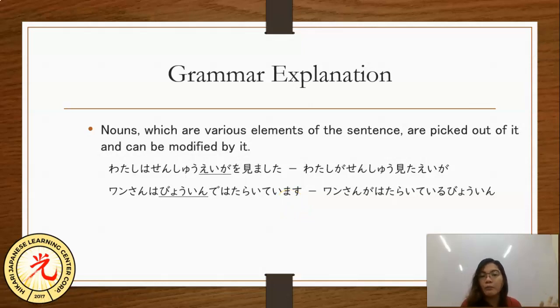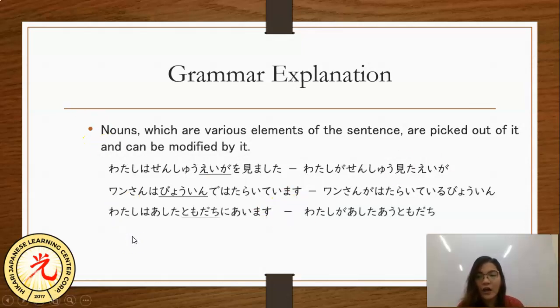While if we will modify it as a noun, nagiging Juan-san ga hataraite iru byouin. Okay, so ang hospital kung saan nagtatrabaho si Juan. Okay? So nagiging subject na siya or nagiging buong noun na siya.